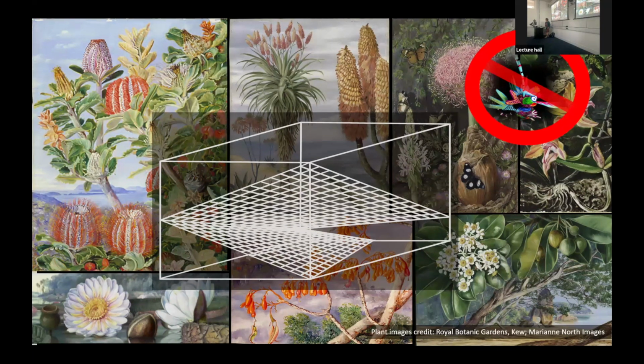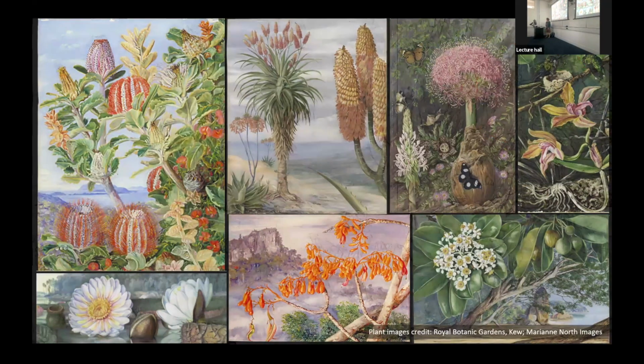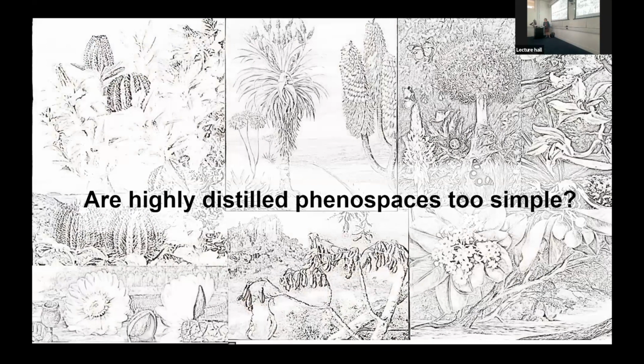Now, by now, you may be asking yourself the next obvious question. That's fine, but aren't these distilled phenospaces far too simple? And the short answer is probably yes, they are. And that's why they can be really useful. These phenospaces are too simple for a number of reasons.